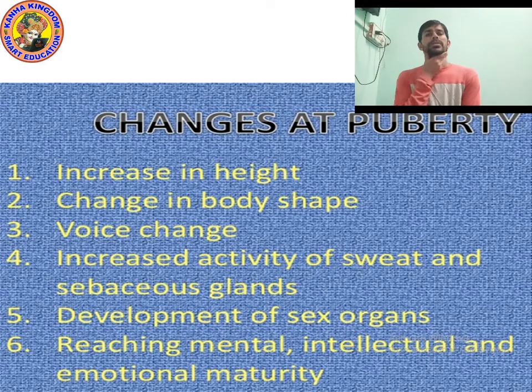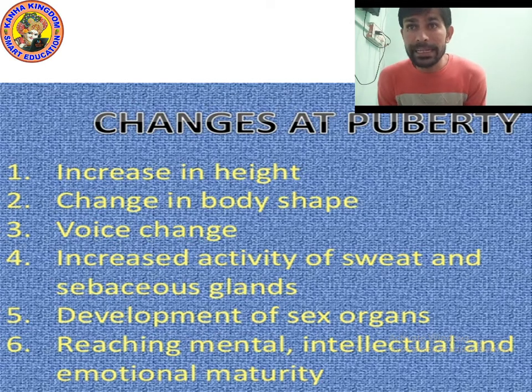Point number 6 is reaching mental, intellectual and emotional maturity. Kids, the boys and girls, meaning teenagers or adolescents, start developing. Their brain starts developing, they start thinking a lot of things. If you are confused about anything, you should talk with your parents and teachers, so they can resolve your issue and solve your problem.